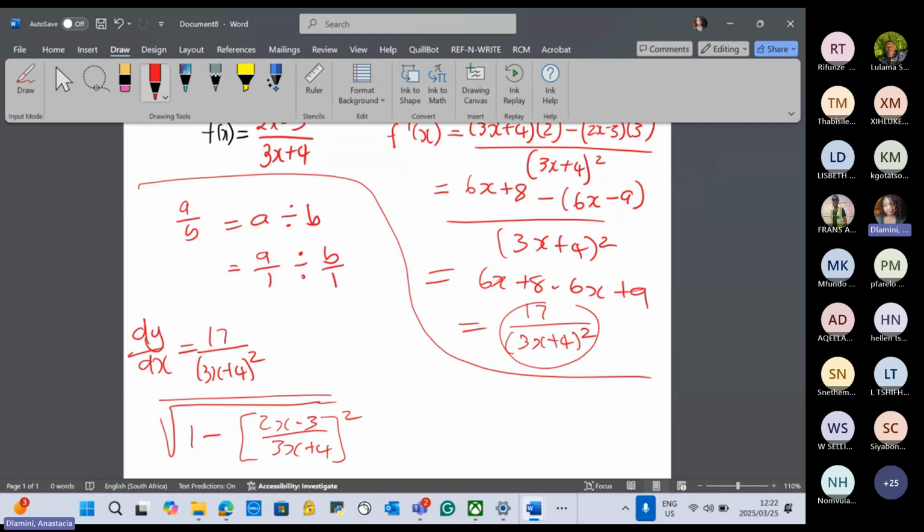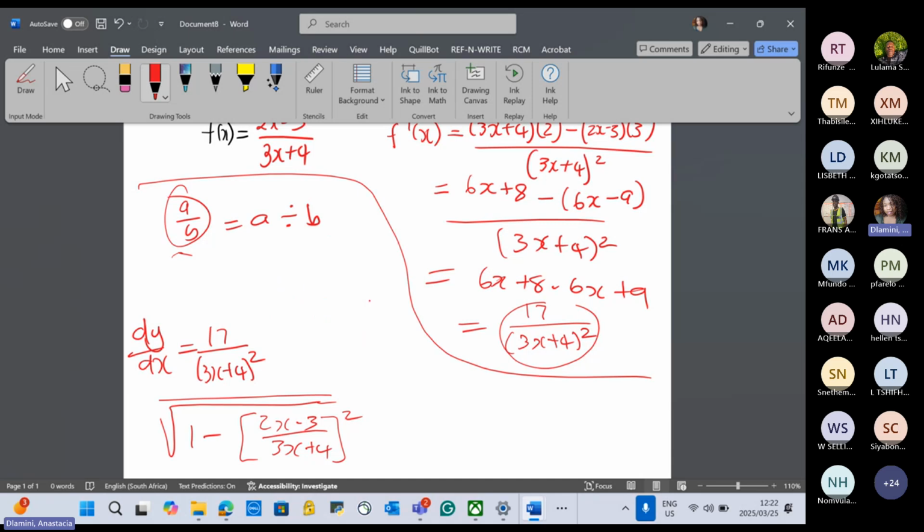I'm still right, isn't it? It still gives me this. So if I want to rewrite it back to this, I know that a over 1, flip this, times 1 over b. Then I get a over b. You remember that rule? Yes. Thank you. So you can simplify your work as well.